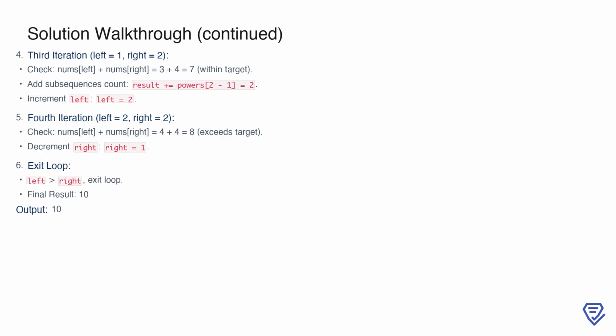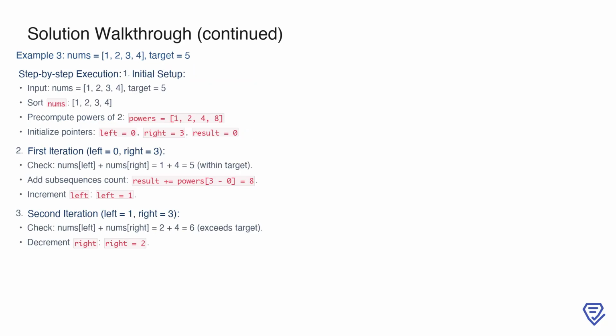After this, we increment the left pointer to index 2. In the fourth iteration, the sum becomes nums[left] plus nums[right], equals 4 plus 4, equal to 8, which exceeds the target. We decrement the right pointer to index 1. At this point, the left pointer is greater than the right pointer, so we exit the loop. The final result, stored in the result variable, is 10, which is the total number of valid subsequences for this example.